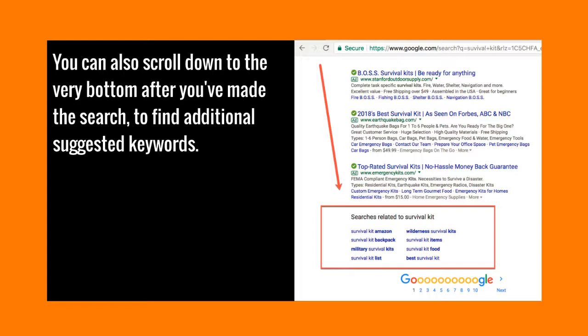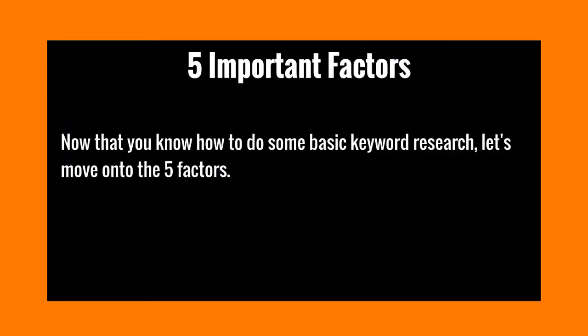So we can see not only are there different keywords, but there are also different types of survival kits for different scenarios and different settings. So that gives us an idea of, okay, we can write an article on military survival kits, or wilderness survival kits. So these could be totally different articles. So now that you have a basic understanding of basic keyword research, let's move on to the 5 important factors.